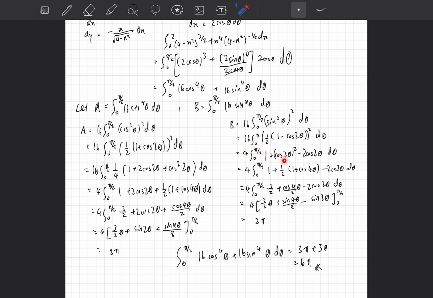Then 1 plus cos squared 2 theta minus 2 cos 2 theta, d theta. Then substitute cos squared 2 theta with 1 over 2 bracket 1 plus cos 4 theta close bracket, then the minus 2 cos 2 theta. And simplify them, get 3 over 2 plus cos 4 theta over 2 minus 2 cos 2 theta.